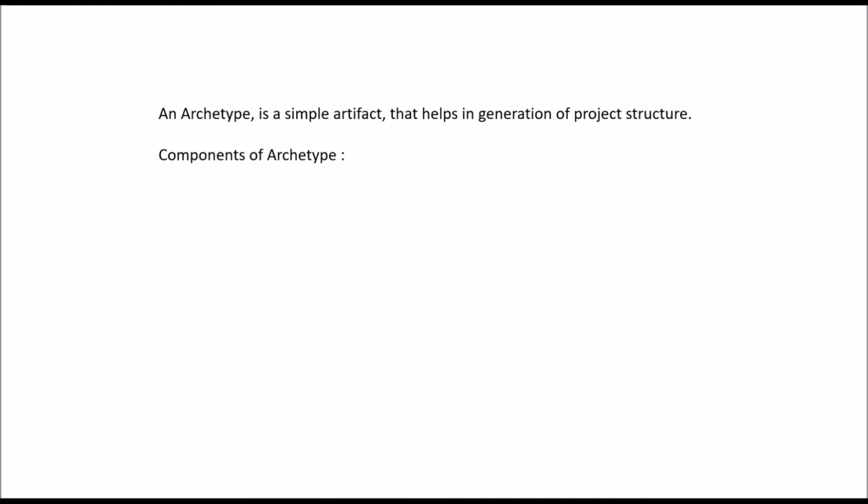If we talk about components, then the first one would be the archetype descriptor. In the project structure you can find it as archetype-metadata.xml or archetype.xml. Now this archetype descriptor defines what are the required properties or required files to be included.